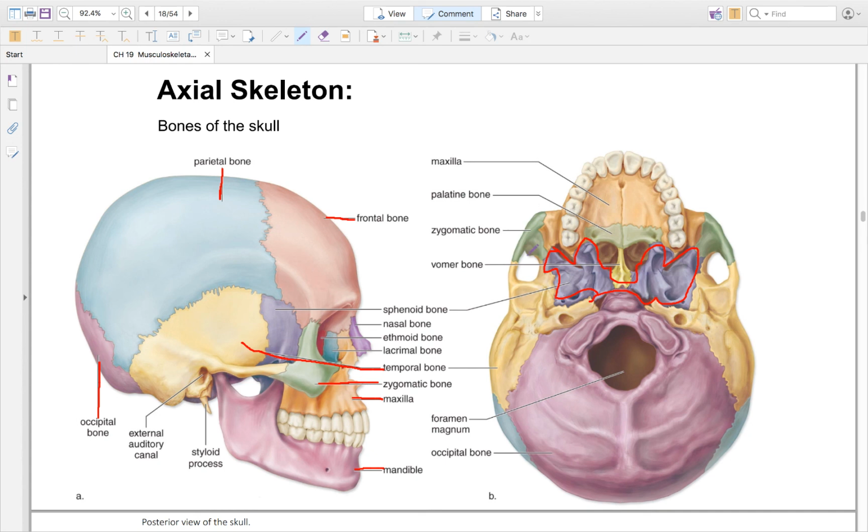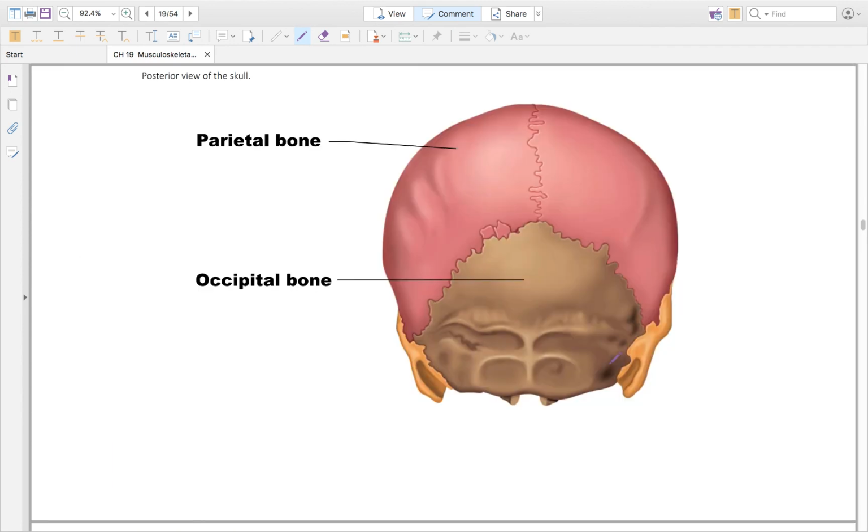From this perspective, we can see another bone too. This is the vomer bone, right there in the middle, and then we have the palatine bone. This would be in the back of your mouth, and that's still the maxilla. Notice this big opening. This is the foramen magnum, where the spinal cord connects to the brain.